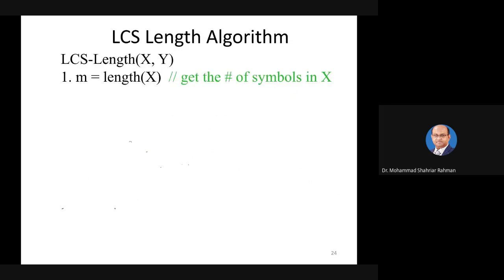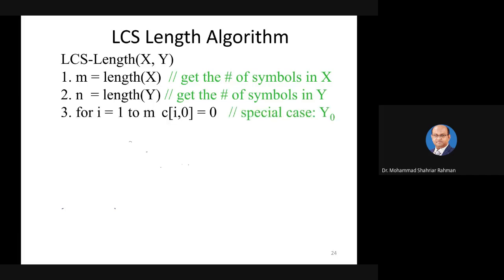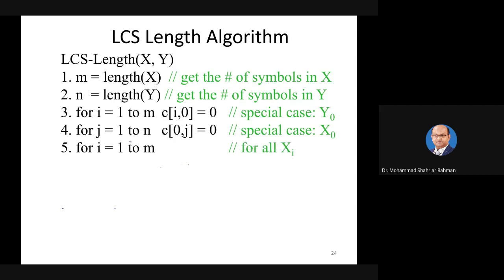All right, so more formally speaking, we have M length of X, N length of Y. So a special case when Y is empty, when X is empty for line 3, 4.